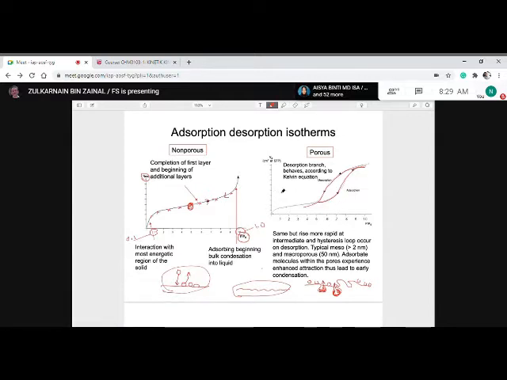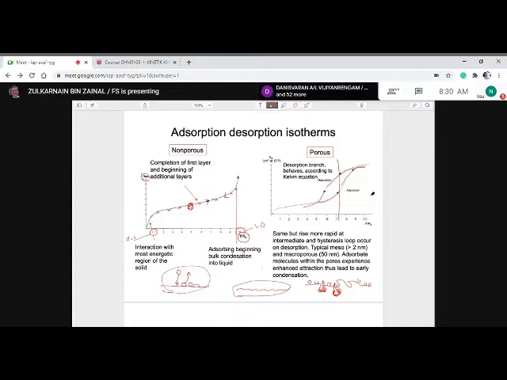If you read, for example, this is the amount adsorbed. So this is the amount adsorbed. Or you can also take a line, rather than taking this horizontal line, let's take the vertical line, for example, at certain pressure, right?